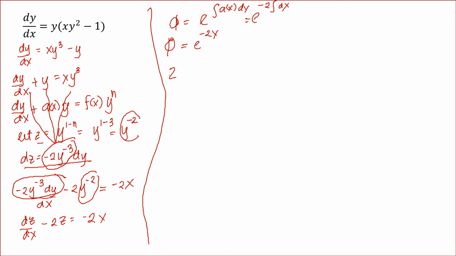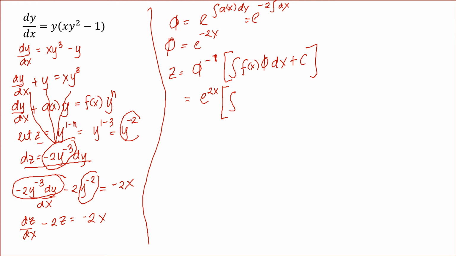Your solution z is equal to the inverse of your integrating factor multiplied by the integral of f(x) multiplied by the integrating factor dx plus c. So this becomes positive e^(2x) times the integral of -2x e^(-2x) dx plus c.